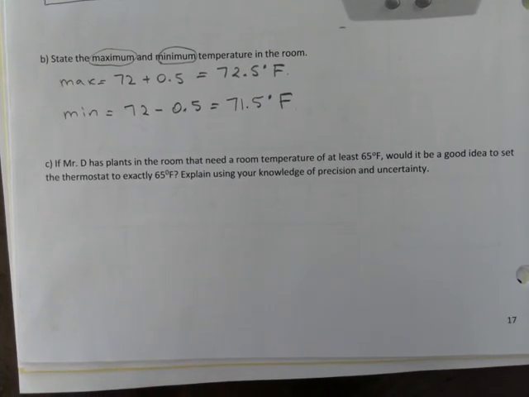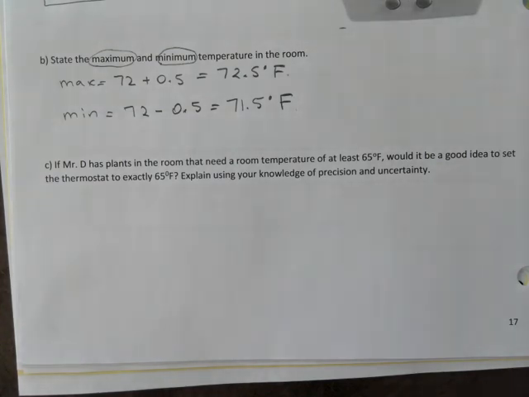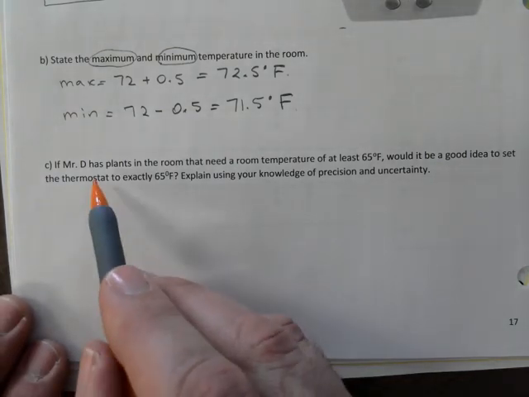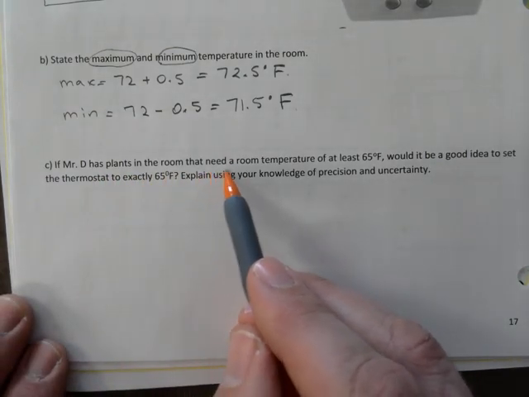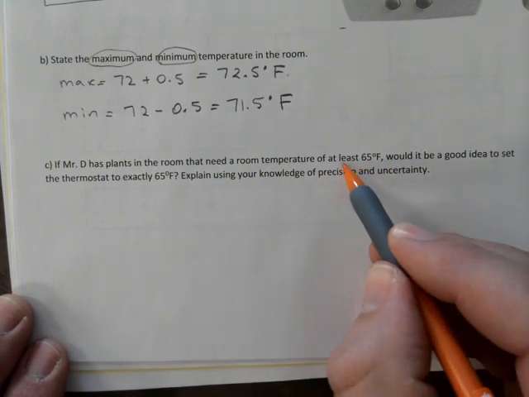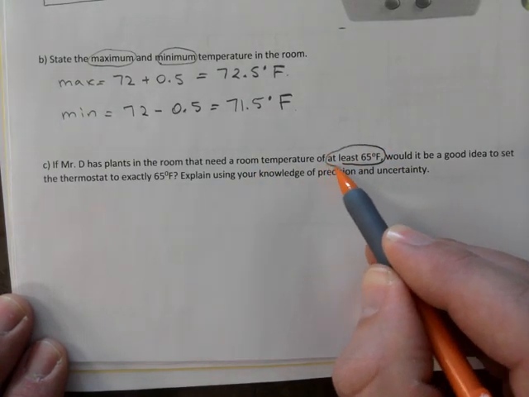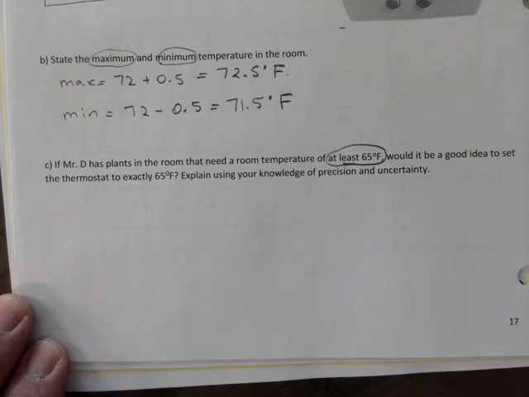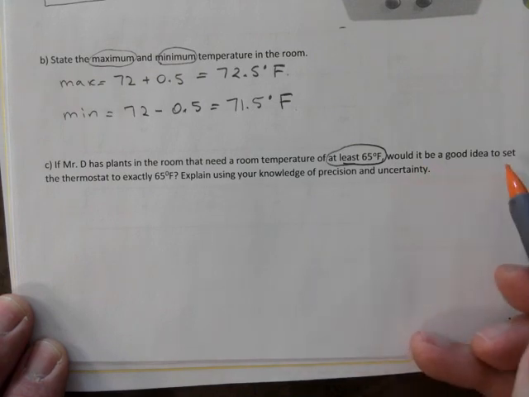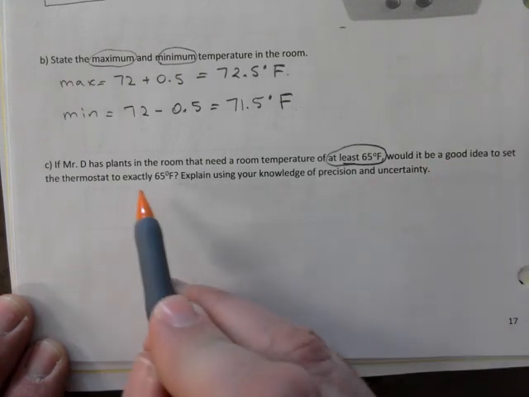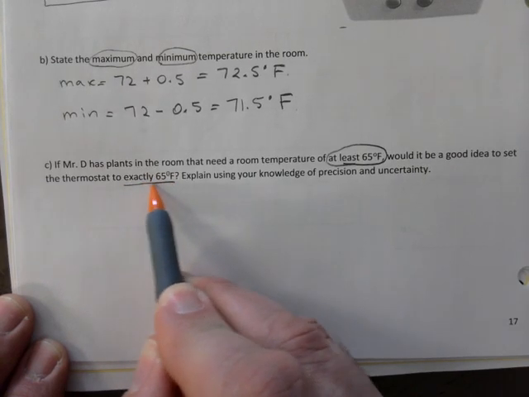So using this knowledge right here, Mr. D has plants in the room that need a room temperature of at least 65 degrees Fahrenheit. At least. So it could be higher, but it cannot be lower. Would it be a good idea to set the thermostat to exactly 65 degrees?